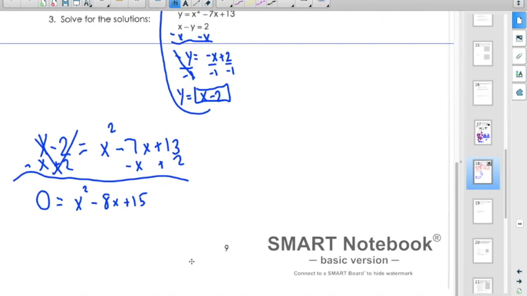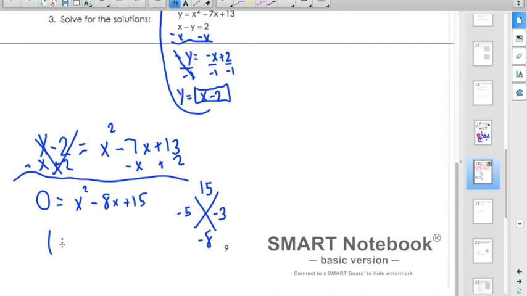Again, hopefully this is telling you X-box. Make your wall. What multiplies to 15 but adds to negative 8? Right. That should be negative 5 and negative 3. Do your matchy-matchy leftovers over here. Make your wall.